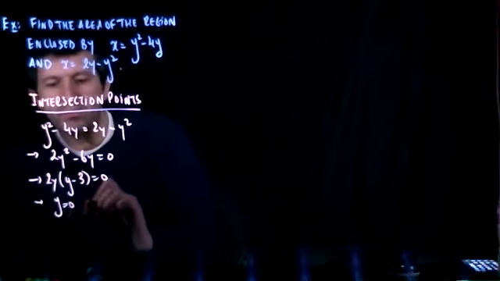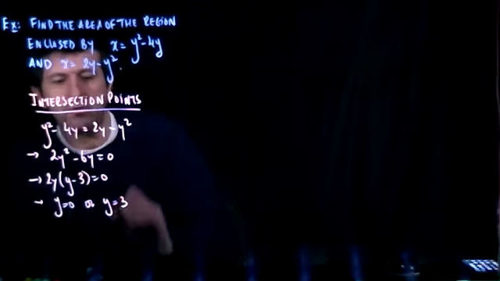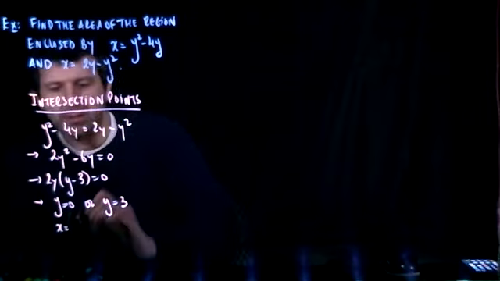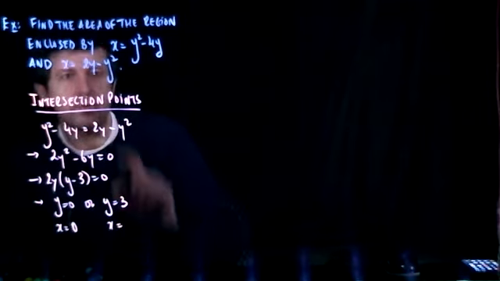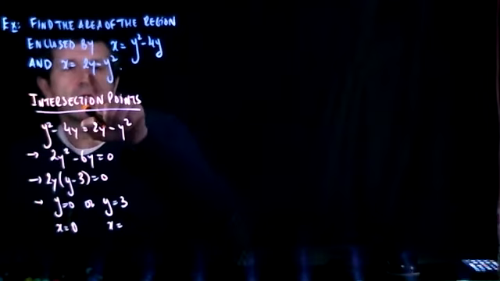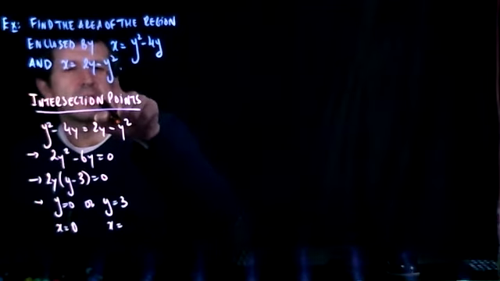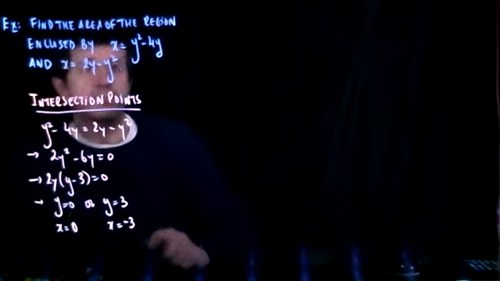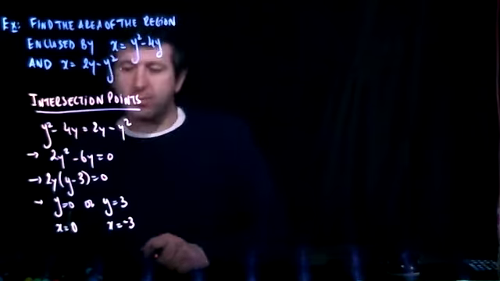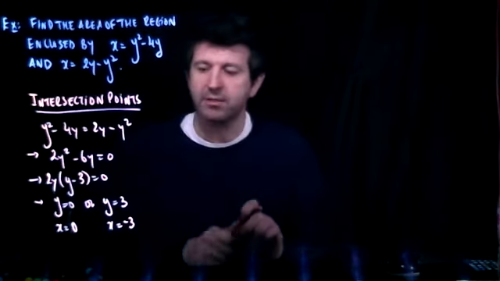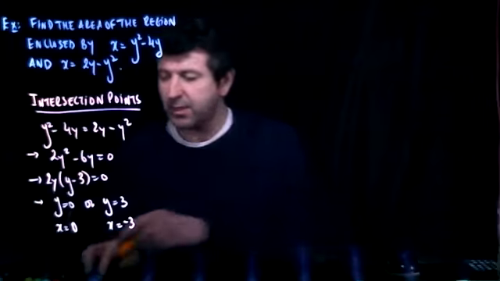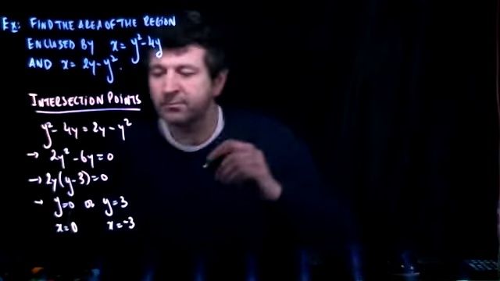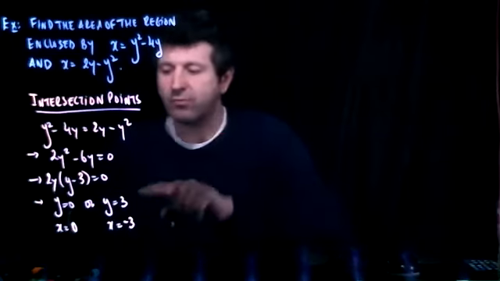So either y is 0 or y equals 3. If y is 0, then x is 0. If y is 3, plug in 3 here, so I get 6 minus 9, which is negative. Okay, so my intersections are at (0, 0) and (-3, 3). Negative 3, sorry.